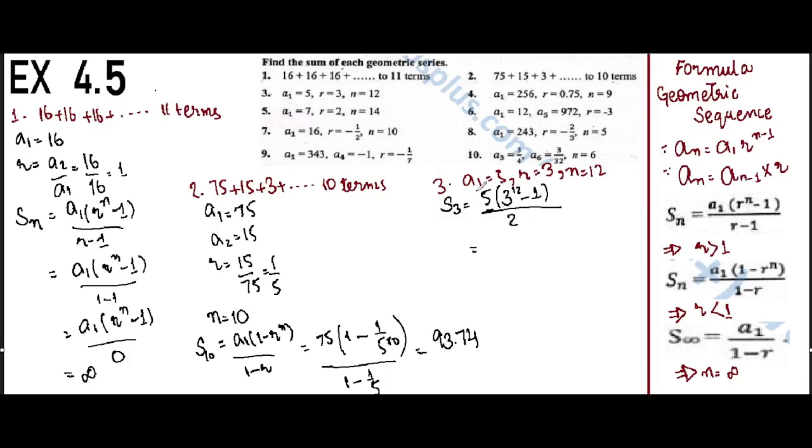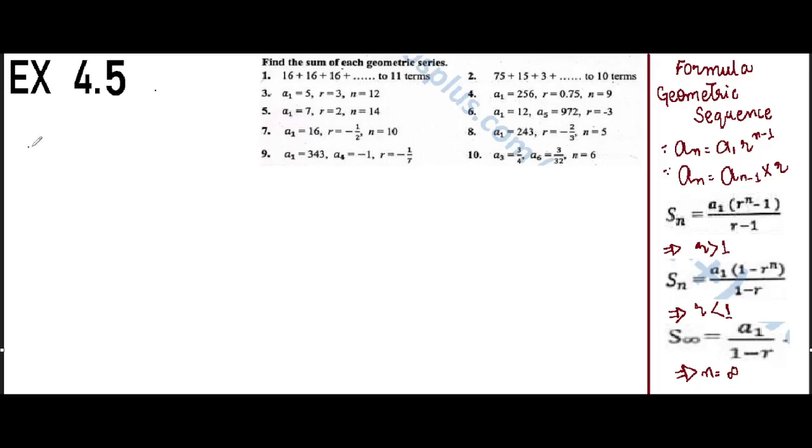So this equals 5 by 2, which is 2.5 into 3 raised to the power 12 minus 1, which is 1328600. So this is our answer of question number 3.